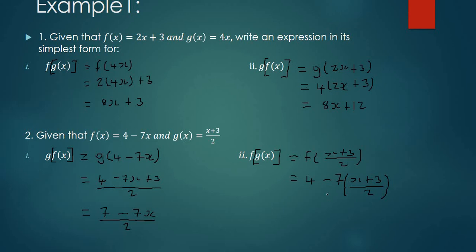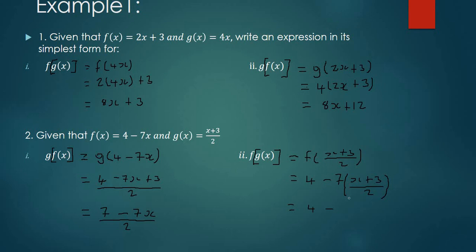And from here now, it is all about just simplifying, right? So we know that what we have here is a 4. Put back our minus, and what we're going to do is to take this 7 and distribute it to the numerator.